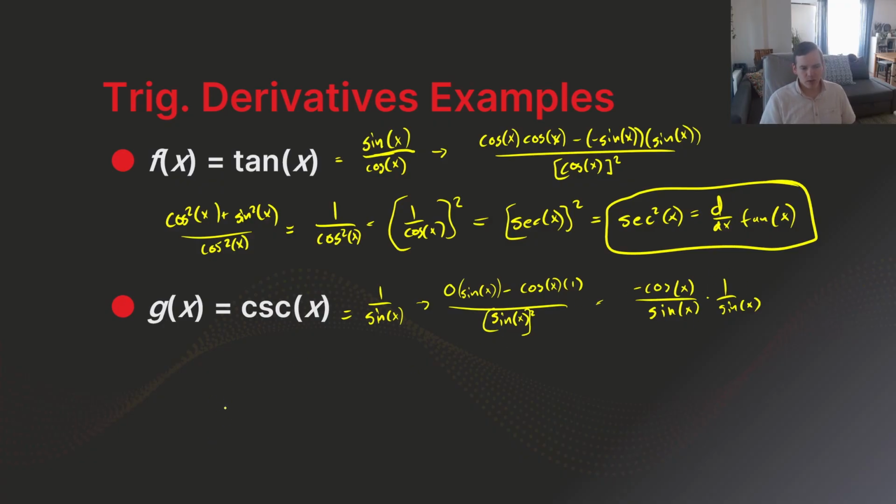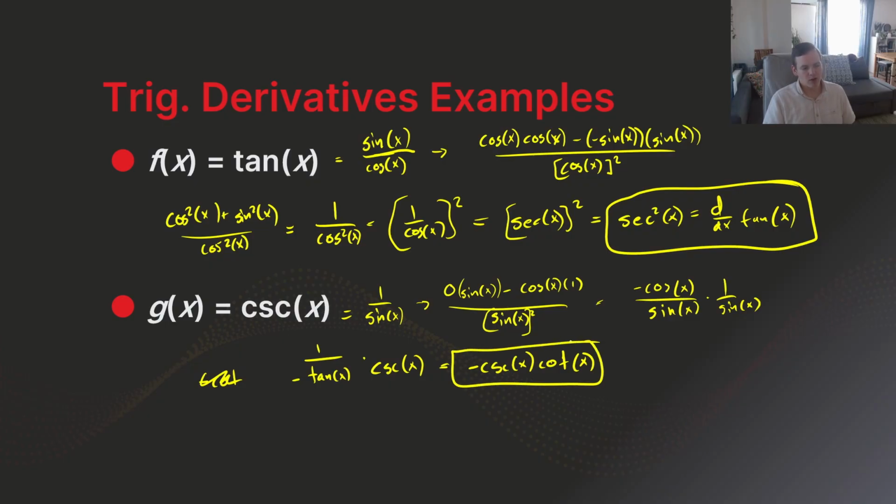So negative cosine over sine is negative 1 over tangent, which is also negative cotangent. Let me write that as negative 1 over tangent first, just so it's easier to see. And 1 over sine is cosecant. So this is where we get negative cosecant cotangent for the derivative of cosecant.